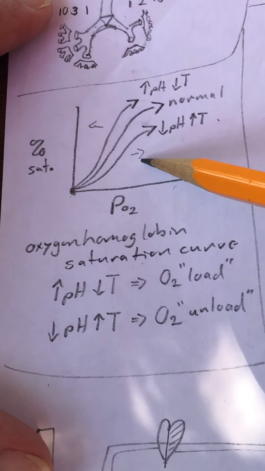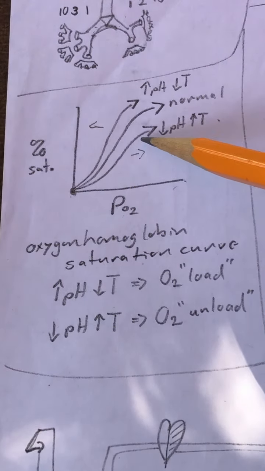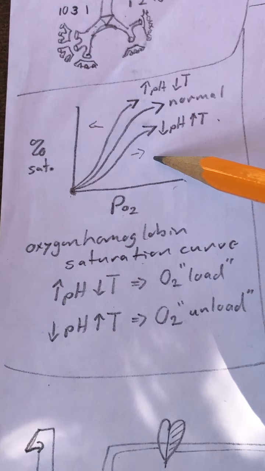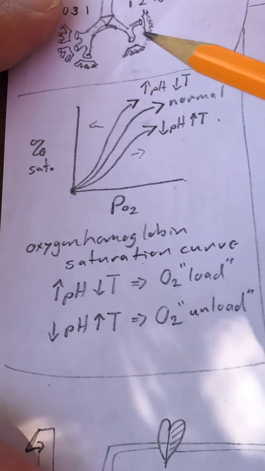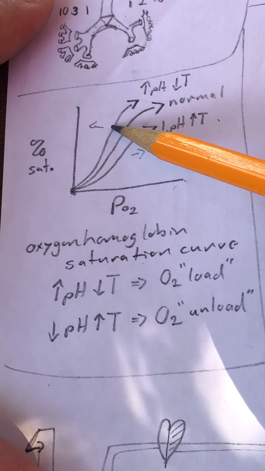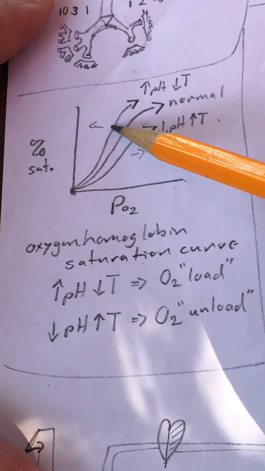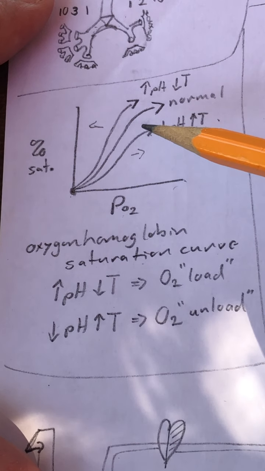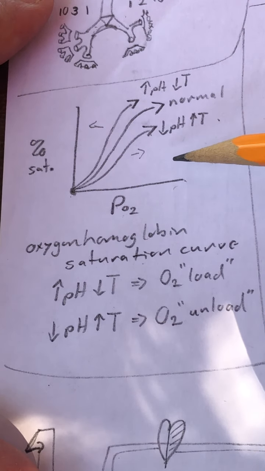Right shift means that the slope is not as dramatic, and now it is easier to drop off the oxygen from the oxyhemoglobin. So this is favoring oxyhemoglobin formation, oxygen loading. This is favoring oxyhemoglobin dissociation, oxygen unloading.